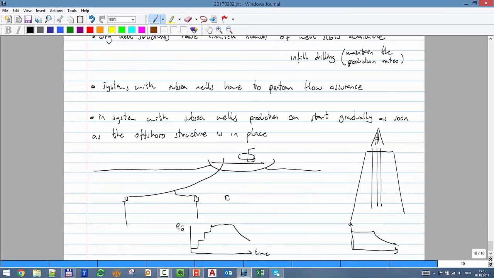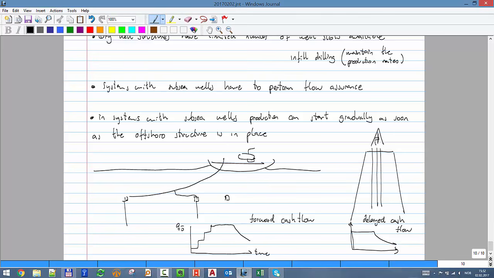Okay, so that gives you what is called a delayed cash flow. And here you get forward cash flow. Okay, you start recovering some money early on.